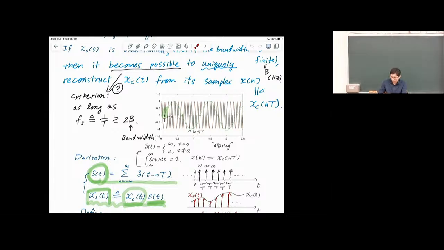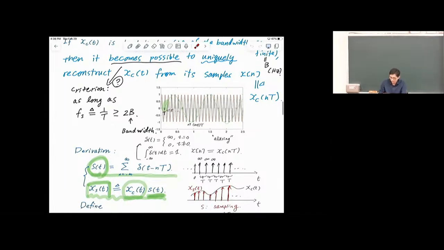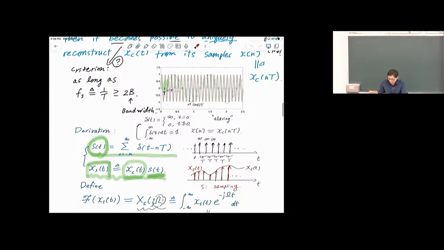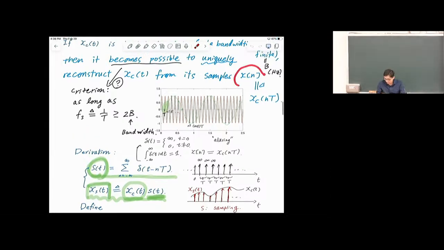So that's a bit of an overview of what we had last time. To formulate this mathematically, we need to introduce another way to look at this action of sampling. It is still true that sampling looks at the signal at integer multiples of T and calls the result a sequence of numbers.